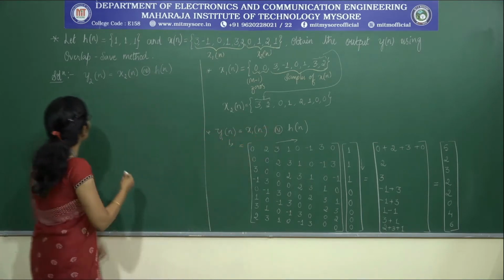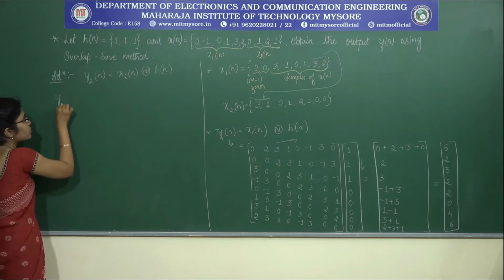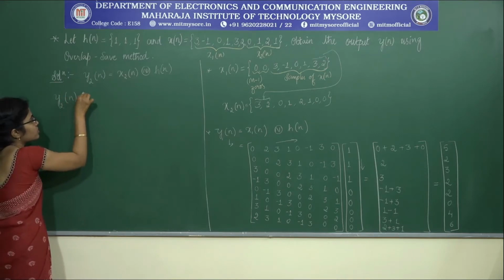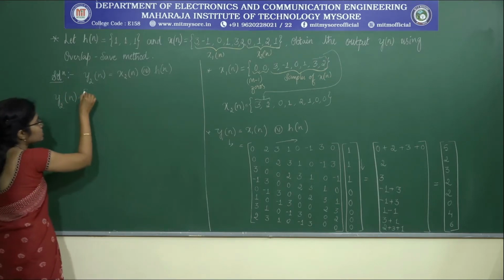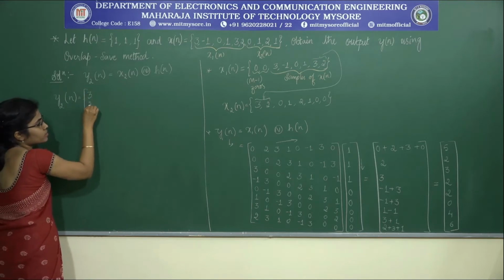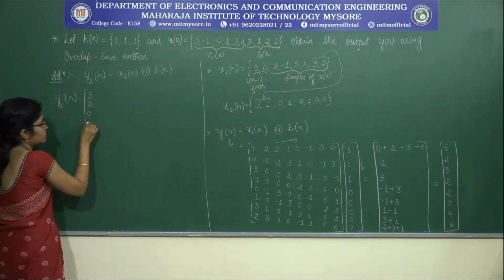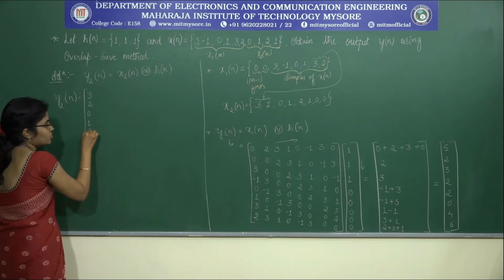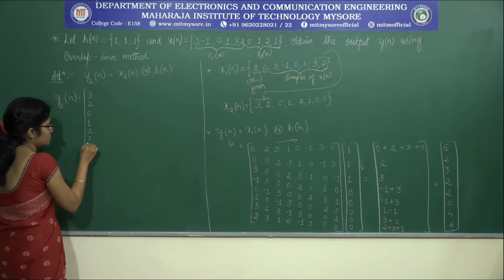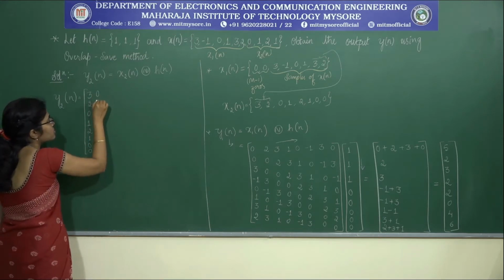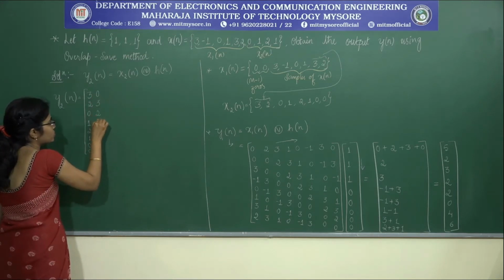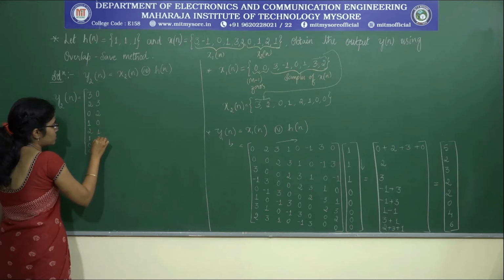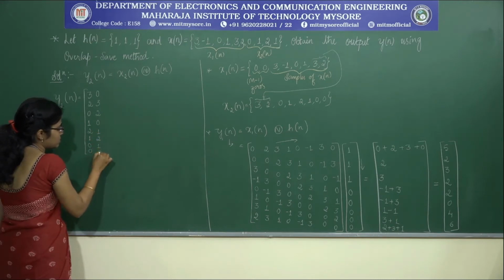Let me tabulate that. y2 of n equals x2 of n, whose sequence is 3, 2, 0, 1, 2, 1, 0 and 0. Shifting this above gives us 0, 3, 2, 0, 1, 2, 1, 0.